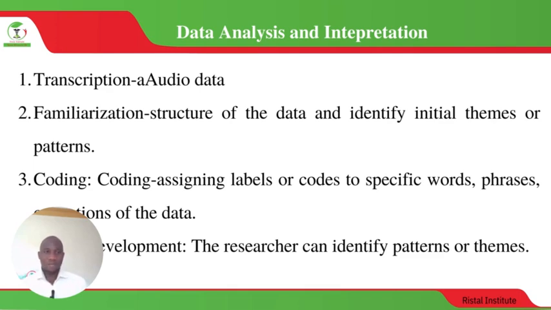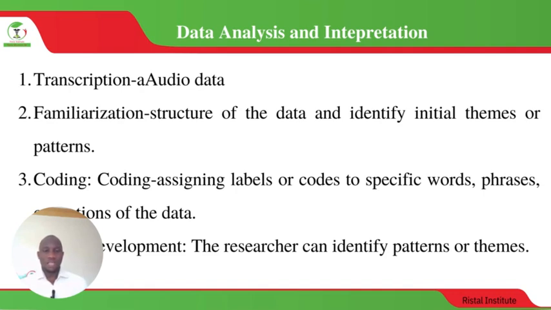So that is the next step, which is familiarization. You start to get some kind of insights about the patterns and also things that are emerging from the qualitative research. Now, the next stage is coding.